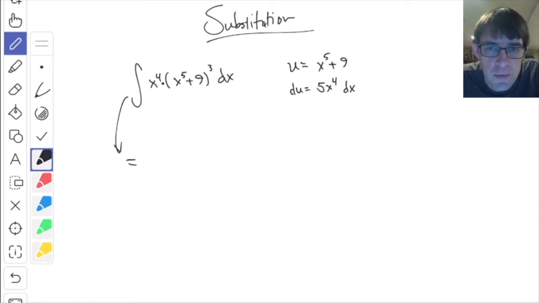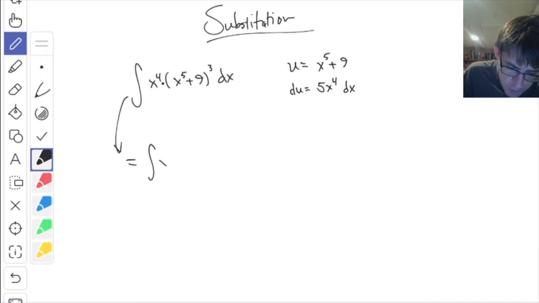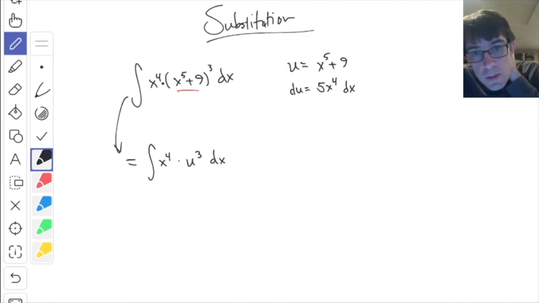I want to rewrite the whole integral so that it uses u instead of x. So first of all, I don't know what to do with x to the 4 just yet, but I can definitely replace the thing inside the parentheses here. That is u, and so I'm just going to put u where it goes. So x to the 5 plus 9, the whole thing to the 3, is the same as u to the 3, all right?